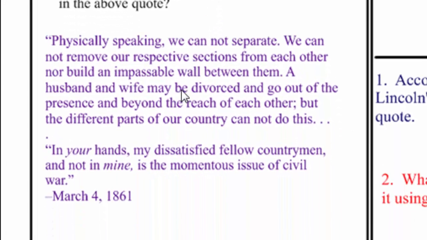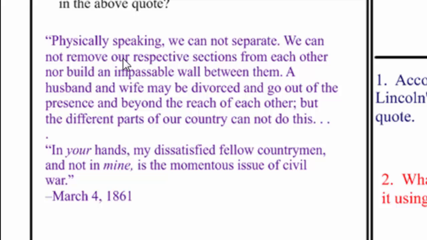Here's another quote. "Physically speaking, we cannot separate. We cannot remove our respective sections from each other, nor build an impassable wall between them. A husband and wife may be divorced and go out of the presence and beyond the reach of each other, but the different parts of our country cannot do this. In your hands, my dissatisfied fellow countrymen, and not in mine, is the momentous issue of civil war."